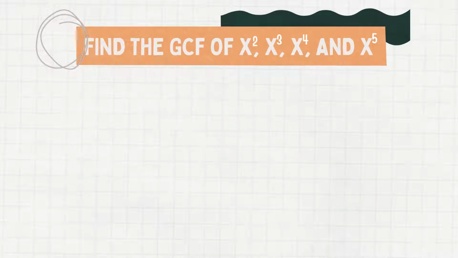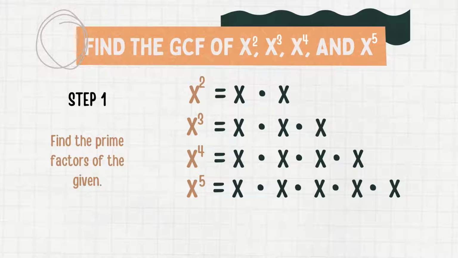How about on these exponential expressions? Let's find the greatest common factor of x squared, x cubed, x raised to 4, and x raised to 5. Following the first step, let's find the factors of the given expressions. If we are to remember, a number or a variable raised to an exponent means that the number or variable is multiplied to itself k times based on the given exponent. Therefore, x squared is a product of x times x. Same goes with x cubed.